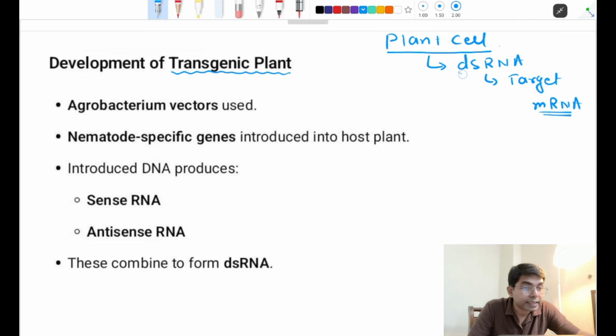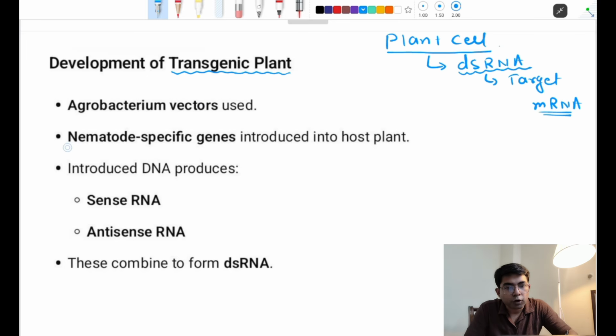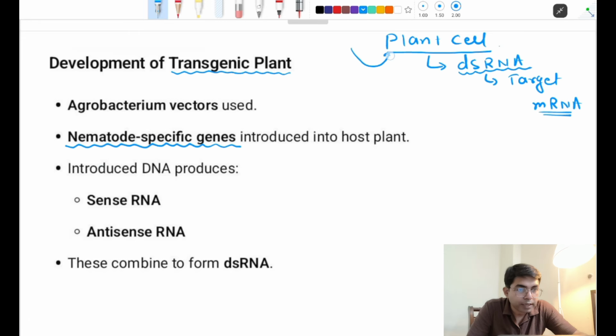But the double-stranded RNA will be formed in the plant cell. Now the question is how this double-stranded RNA is formed. It is formed from a nematode specific gene. How will we introduce this nematode specific gene into the plant cell? With the help of agrobacterium. Why do we choose agrobacterium? Because agrobacterium has Ti plasmid.